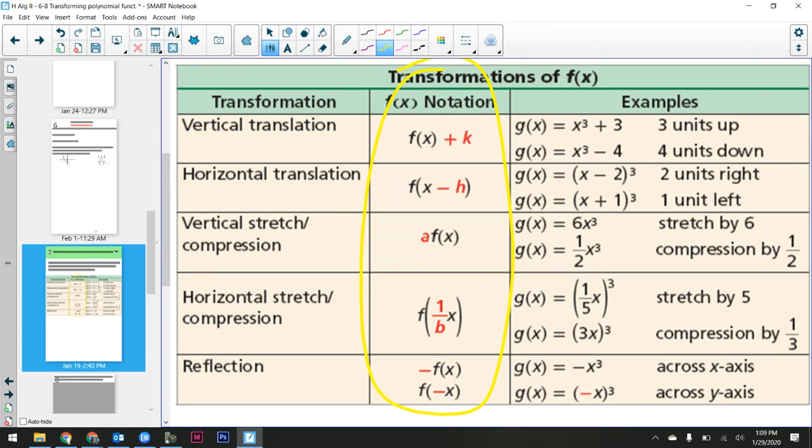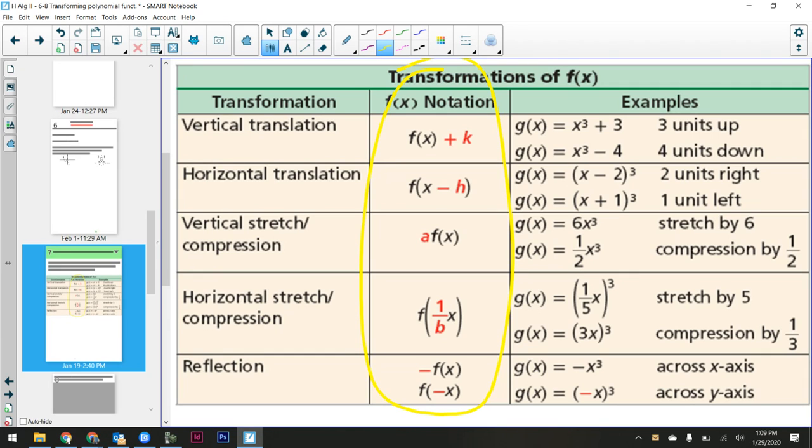If I add or subtract on the inside of f of x, say f of x plus 4, that'd be a left 4. That means I'm going to plug in x plus 4 everywhere I see x, and then simplify accordingly. That's a horizontal shift left or right of however many units.